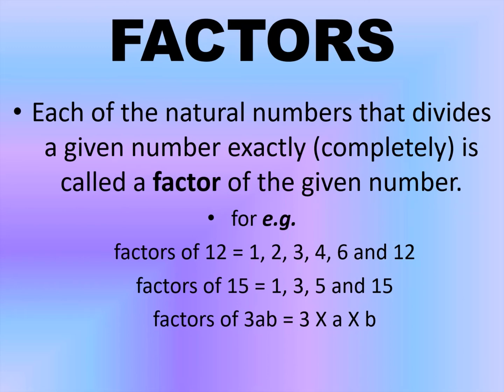These are all factors of 12 because they completely or exactly divide 12. For the same reason, factors of 15 are 1, 3, 5 and 15, and factors of 3ab are 3, a and b.